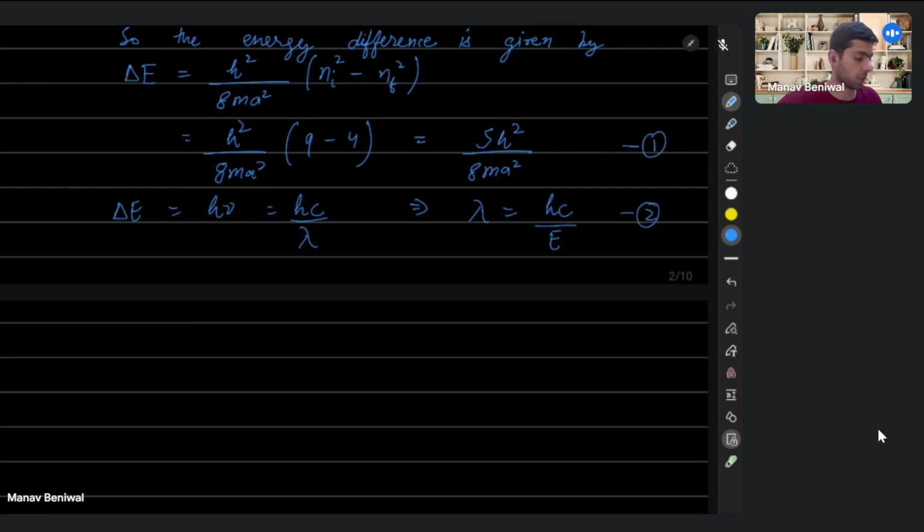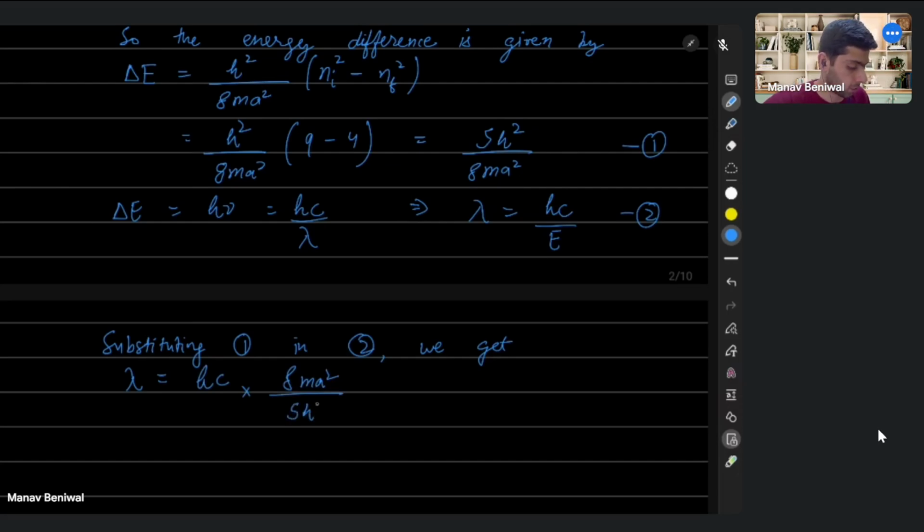Now putting the value of E from equation 1, so substituting equation 1 in equation 2, we get lambda is equal to, okay, let me write down the complete thing, hc multiplied by 8ma squared divided by 5h squared.